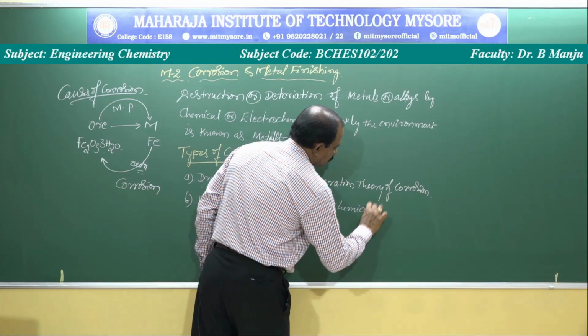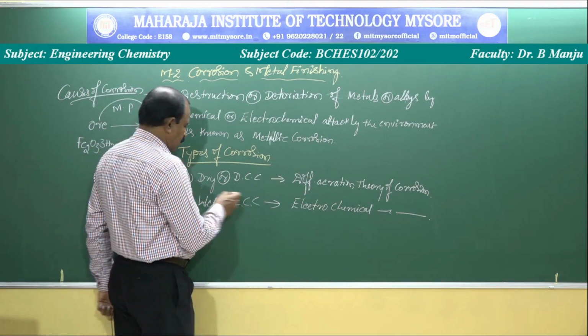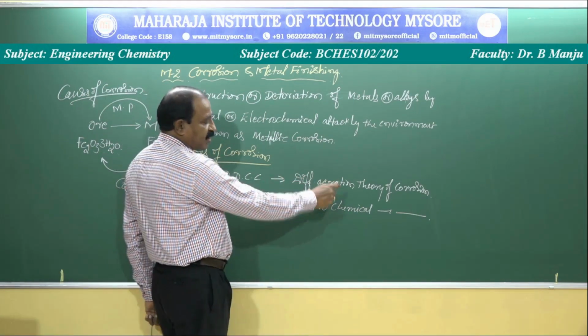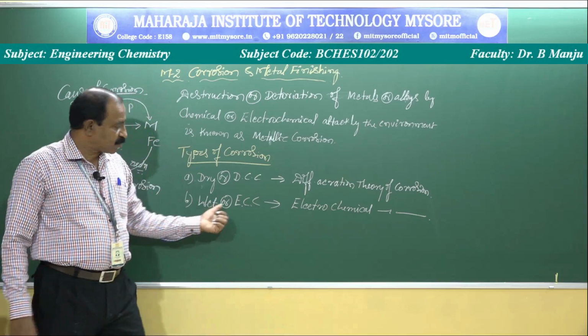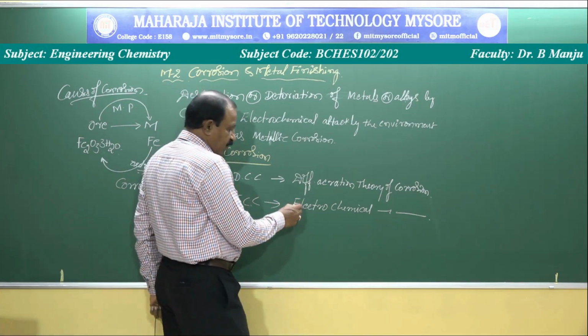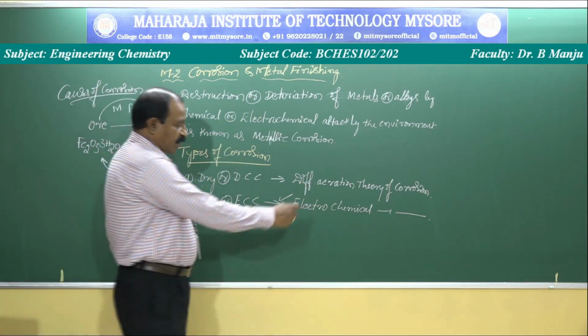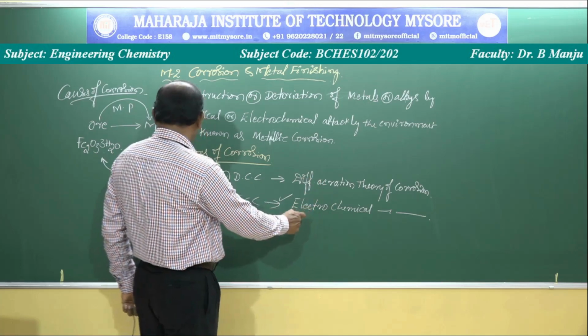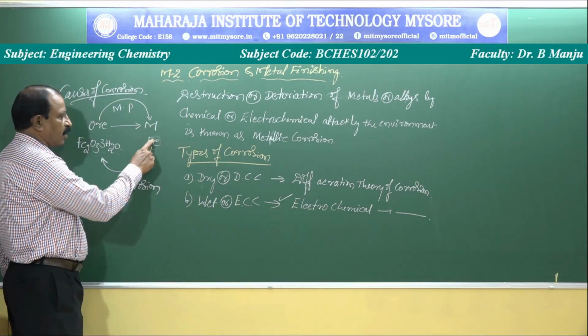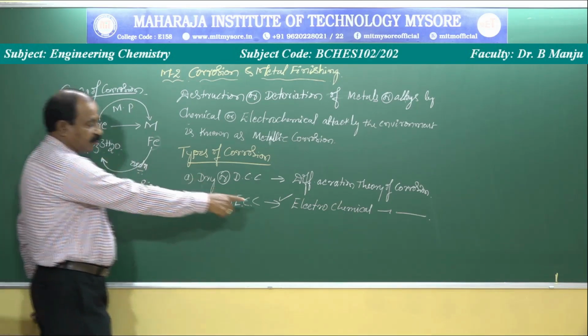Dry corrosion is explained by differential aeration theory, wet corrosion by electrochemical theory. But as per your VTU syllabus, you have to concentrate on just the electrochemical theory of corrosion. The electrochemical theory satisfactorily explains how the pure metal is converted into Fe2O3.3H2O. I am going to explain that later on.